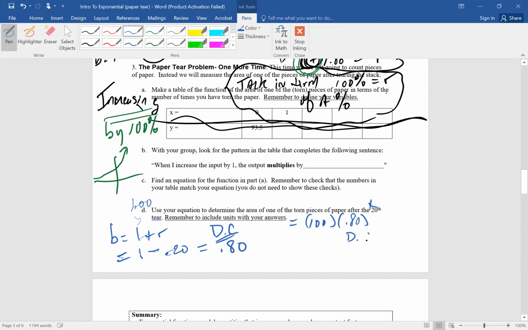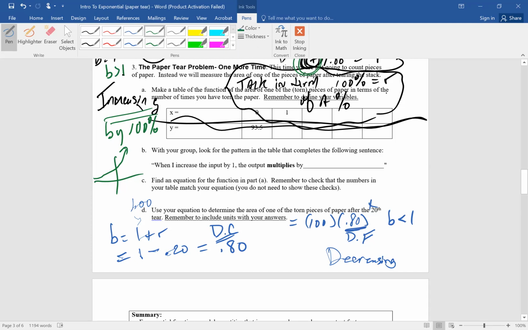So it's either a growth factor or decay factor, that goes in this spot here, okay? So notice 0.80 is less than 1. So this is decreasing because my B is less than 1. And over here in green, my prior example, it was increasing because my B was greater than 1.